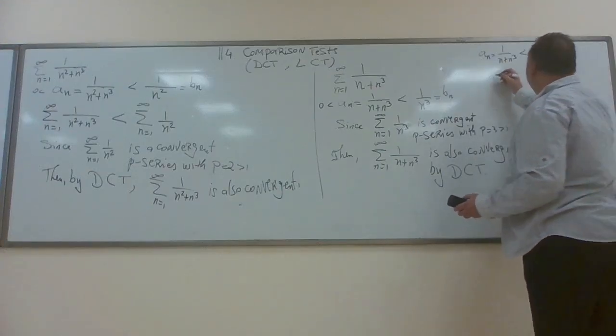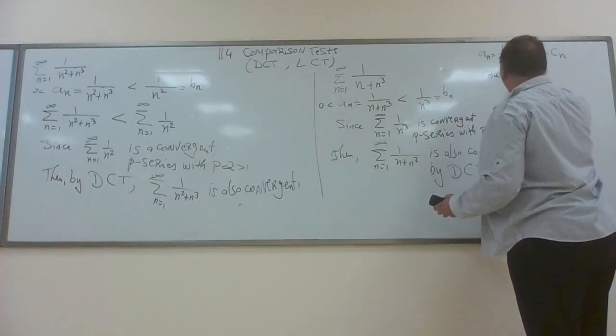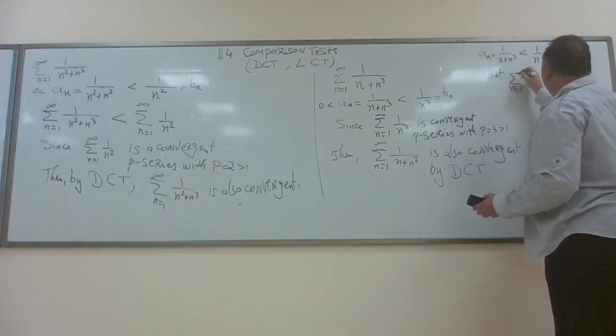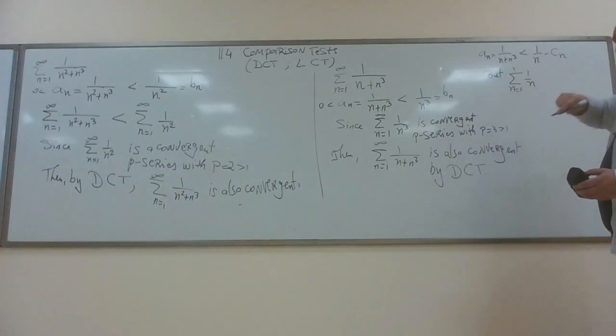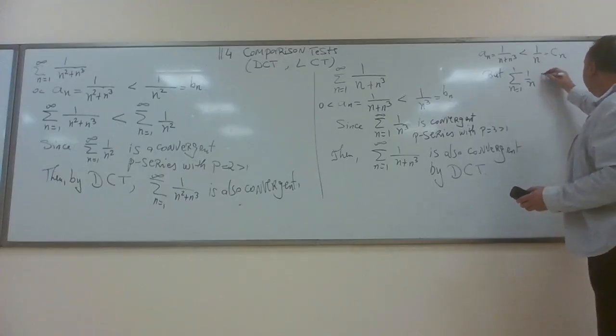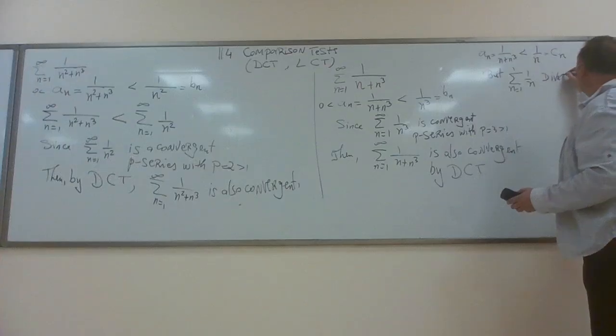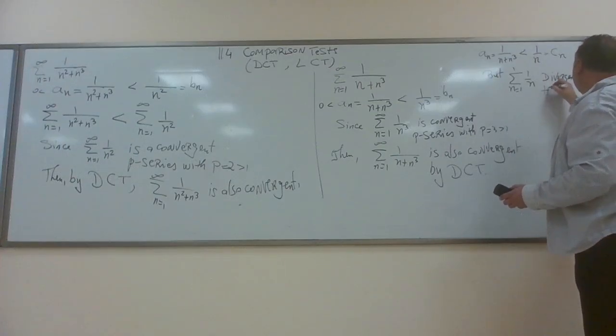However, the series that I have here, 1 over n, is the harmonic series and it is divergent. So this is the divergent harmonic series.